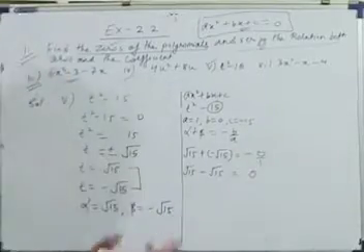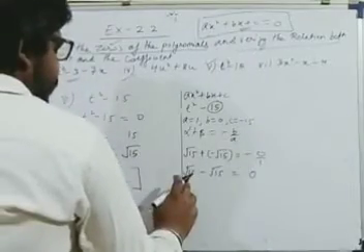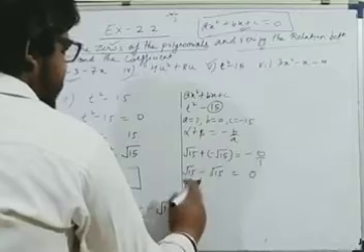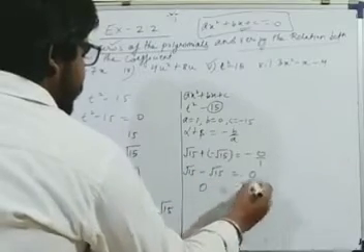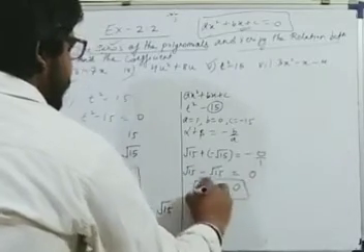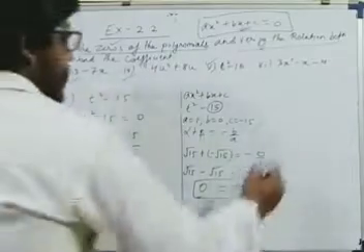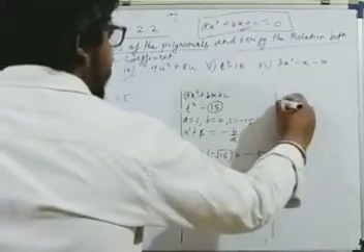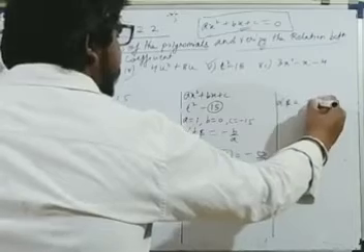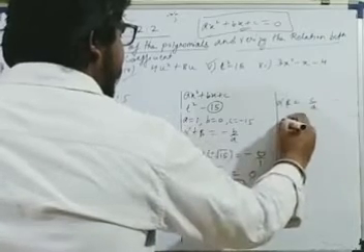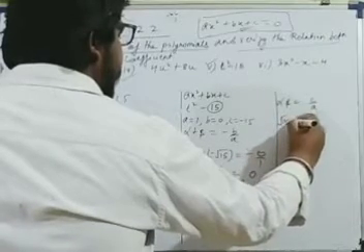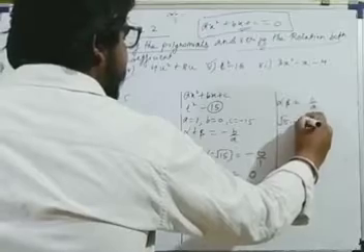Negative 0 or positive 0, the meaning is the same. If you subtract the same number, the answer is 0, and write it as it is, 0. Then go for the product of zeros. Alpha into beta equals what? C by a. Then alpha is root 50 into minus root 50.